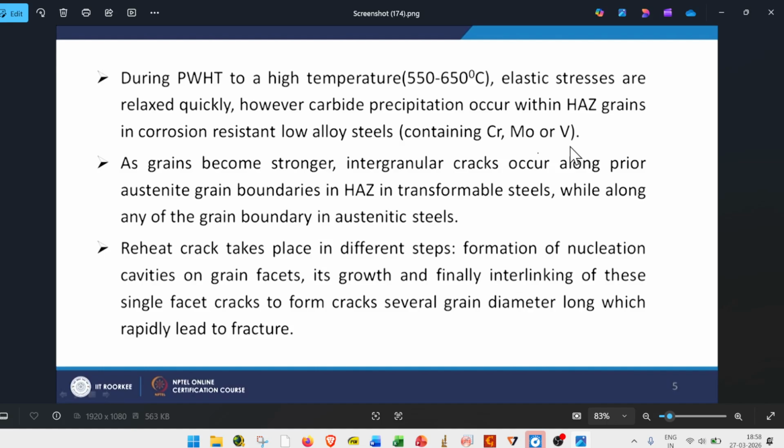So it is nothing but the formation of small cracks that merge together and form a fracture. Once the intergranular region has less strength, the residual stresses easily exceed its strength value, so intergranular cracks form and merge with other cracks to form a fracture.